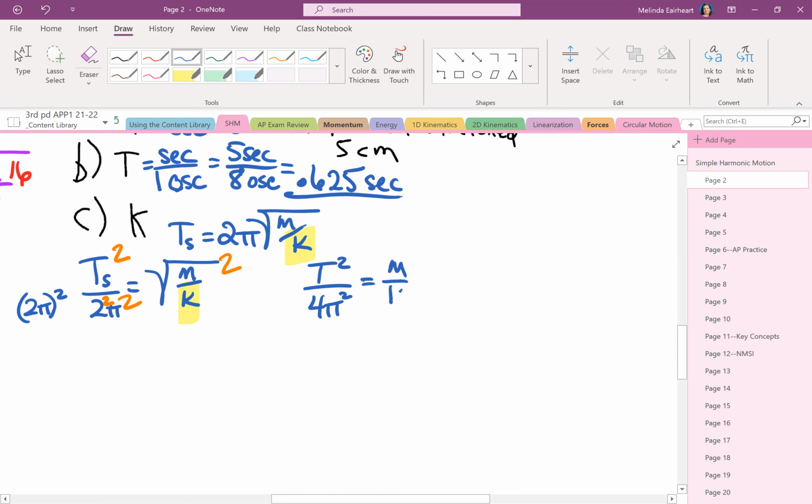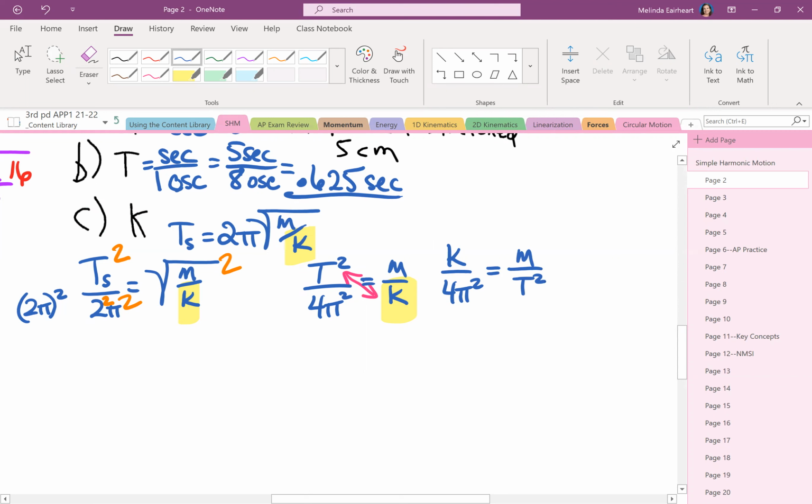equals m over k. Still trying to isolate k, so the square root's gone, but it's in the denominator. What do we do to solve for k? Cross multiply or switch the diagonals we've talked about in the past, right? And so we would get k over 4 pi squared equals m over t squared.